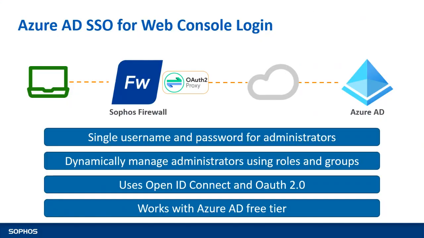So what about the Azure? Sophos Firewall allows you to configure Azure AD single sign-on for administrators to log in to the web console. Using the Azure AD for the administrator logins allows administrators to have a single username and password for all the systems they need to access and provides a single place where you can manage administrator access.